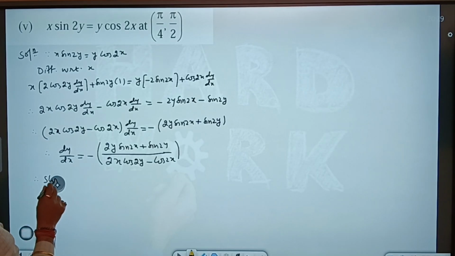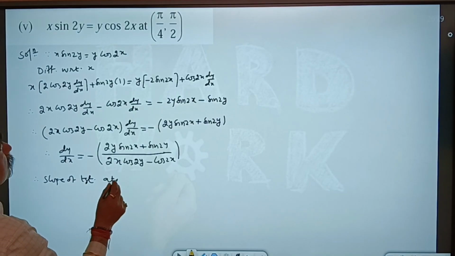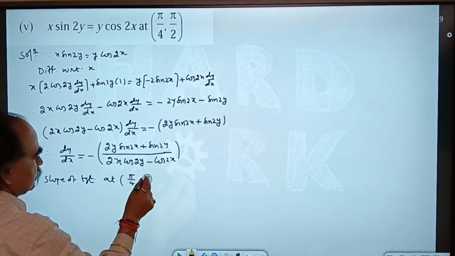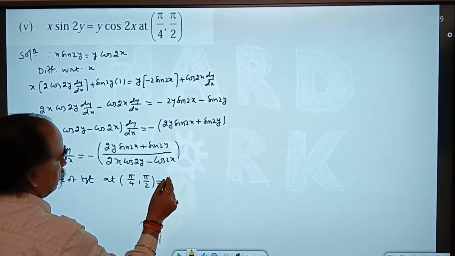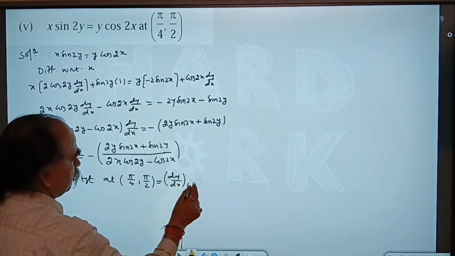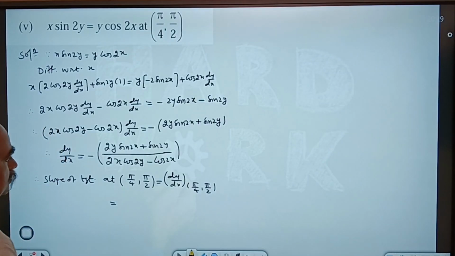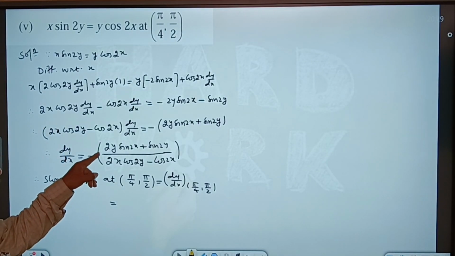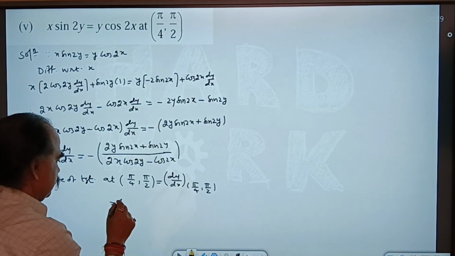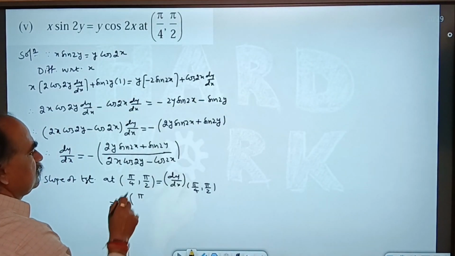So slope of tangent at pi by 4, pi by 2 is equal to dy by dx at pi by 4, pi by 2. Now 2 into pi by 2 is what? Pi, and sine pi is 0. So minus pi into 1 is minus pi.